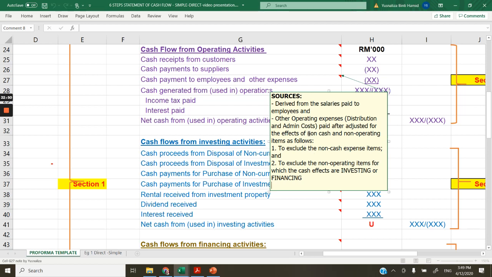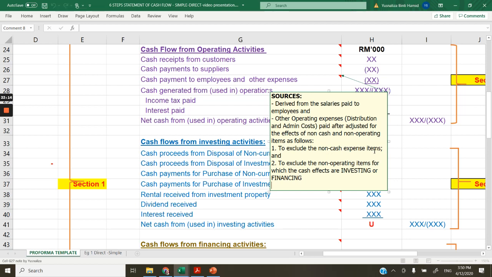Non-cash items are, for example, depreciation and gain or loss on disposal. Non-operating items are items which are investing or financing activities but have a cash effect, just like your dividend income and interest income. So that has to be excluded.